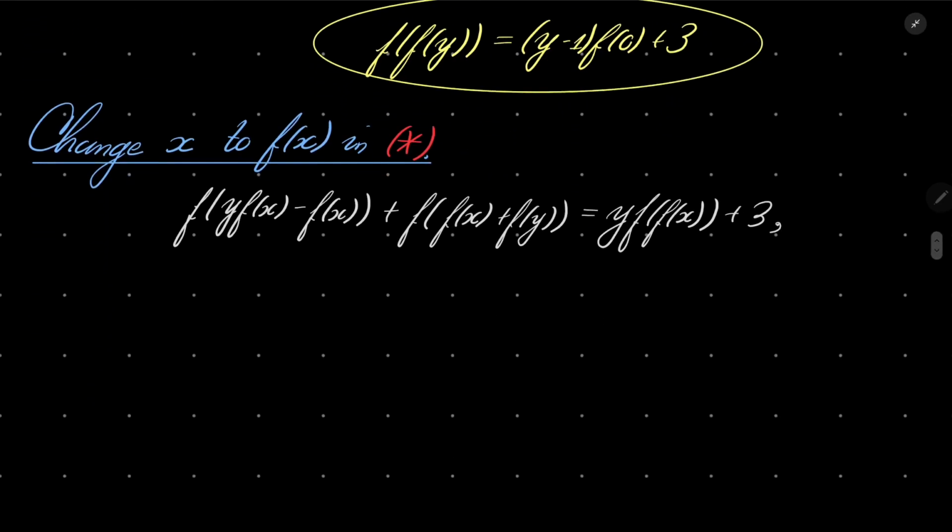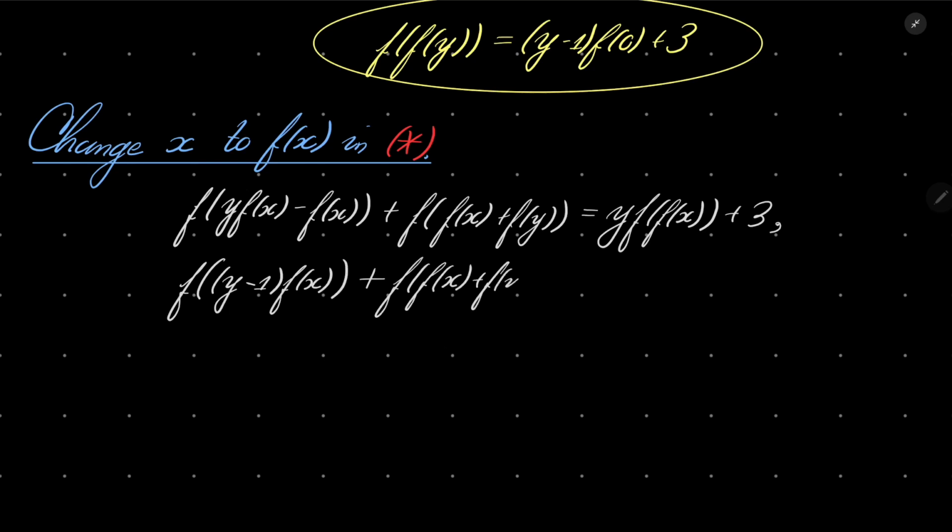Okay, what can be done? Well, the first part, y times f of x minus f of x, can be written as (y minus 1) times f of x. The second part will stay the same, f of x plus f of y.